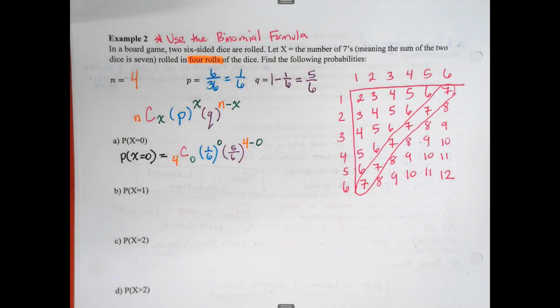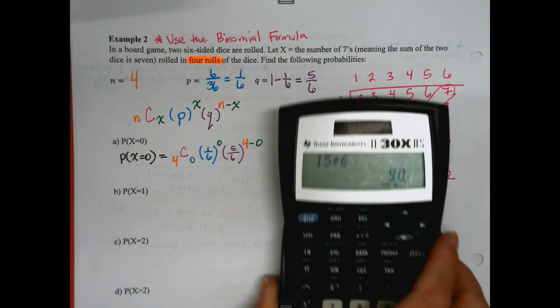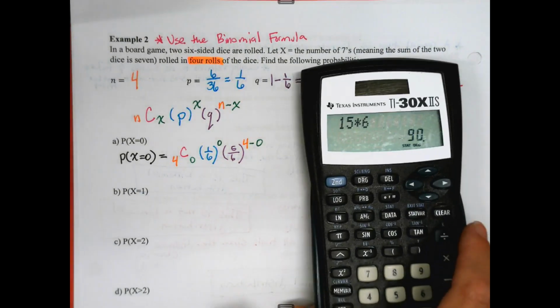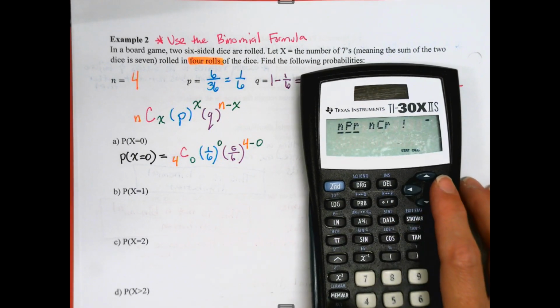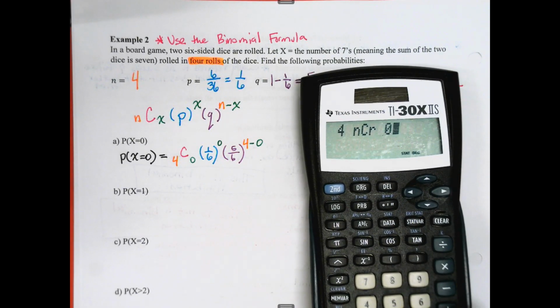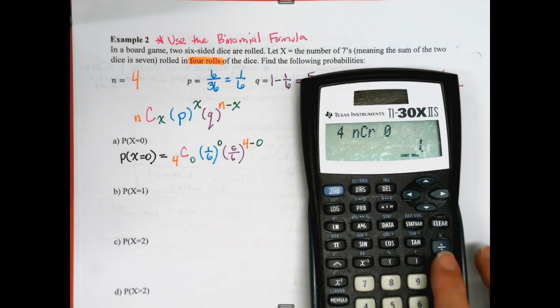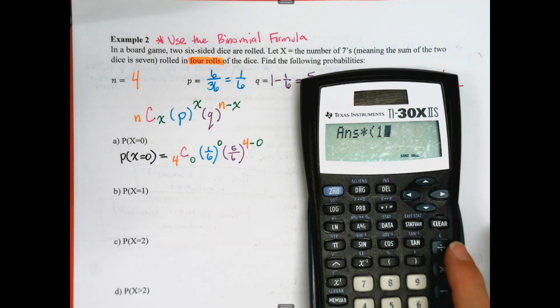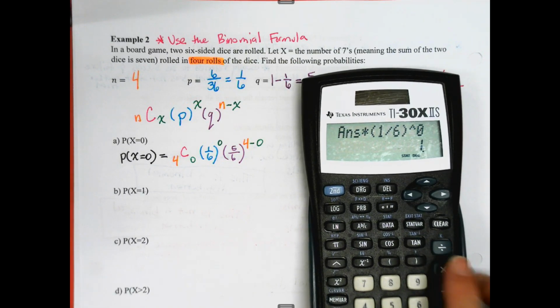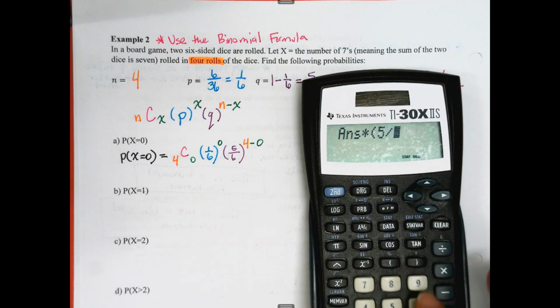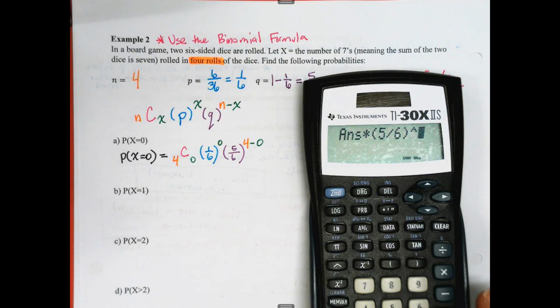And then all we have to do is use our calculator to calculate this. I'm going to put in 4C0 times 1/6 to the power of 0 times 5/6 to the power of 4.